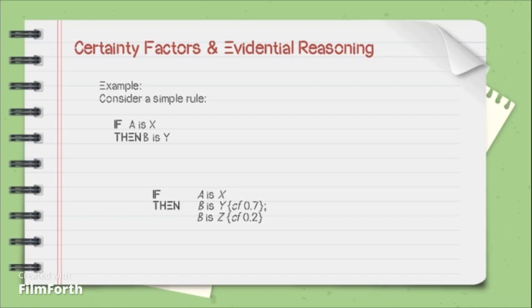Also suppose it has been observed that in some cases, even when the if part of the rule is satisfied, an object taking on value X can acquire some different value Z. So if A is X, then B is Y with a certainty factor of 0.7, and B is Z with a certainty factor of 0.2.